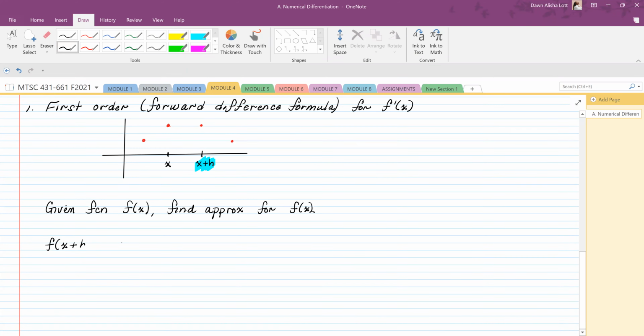Okay, so now what we want to do is cut h by a factor of 10. And then what we see is the error decreases by a factor of 10. So here I need to draw a table.